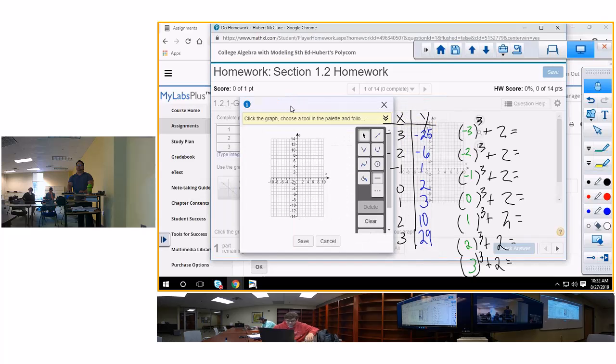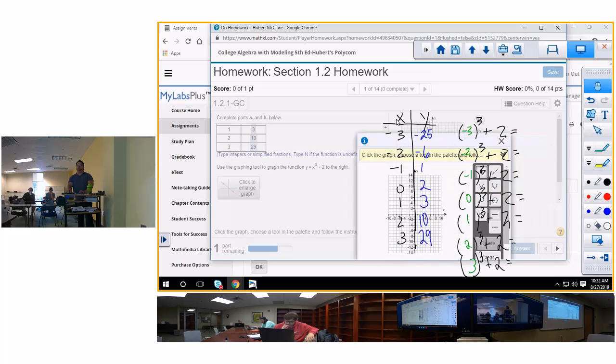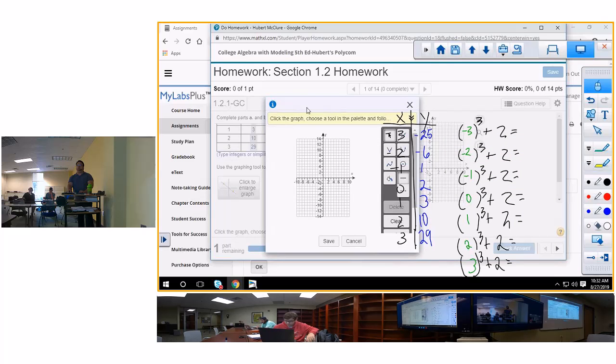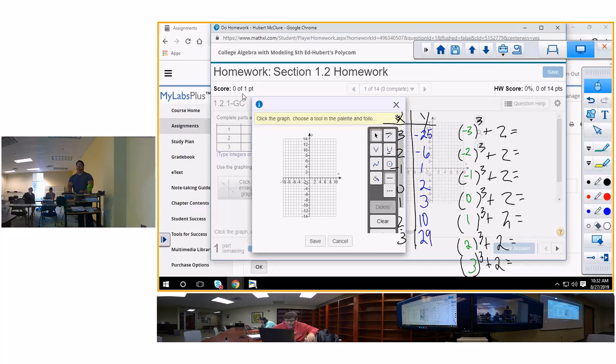And I don't know, -3, -25. It's a cubic function, so we need to hit the cube. We all know what a cube looks like, right? It looks like that. So I don't know how many points it wants us to put. Does anybody know? There's only like 2 of y'all that's done this homework.